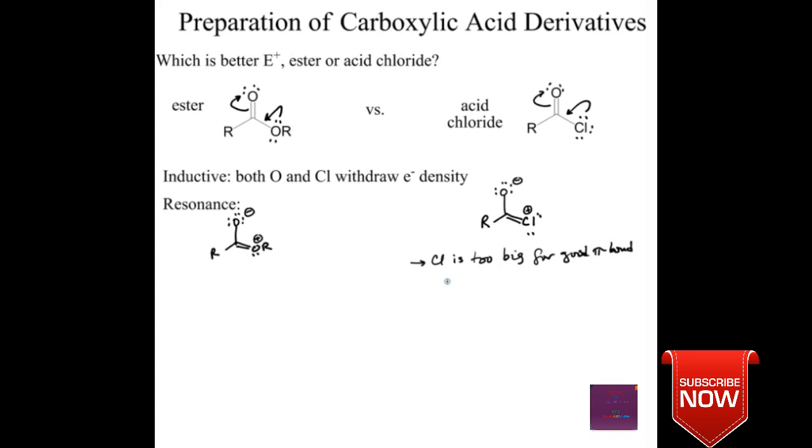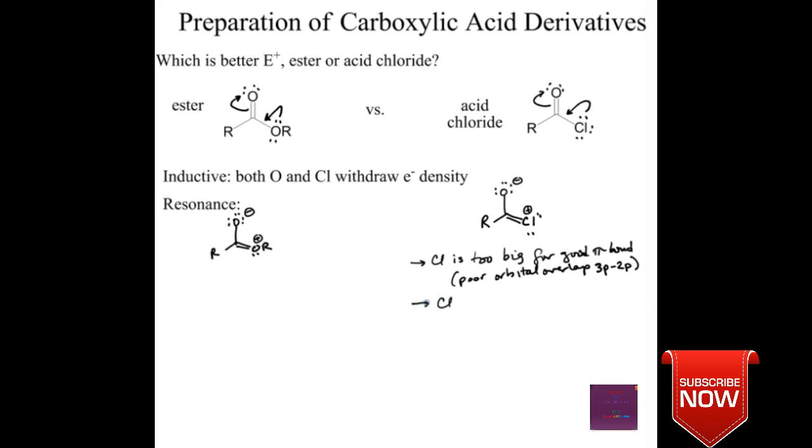We could describe it as having poor orbital overlap. We're trying to overlap a 3p orbital with a 2p orbital, and there's not good exchange there. So this pi bond is a very weak bond. That means it's not a very significant contributor to the overall resonance hybrid.